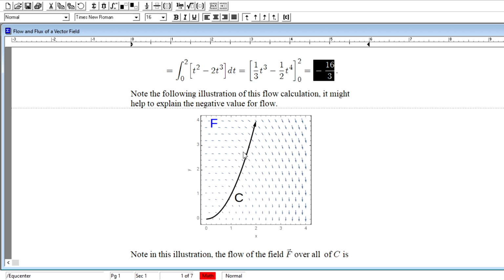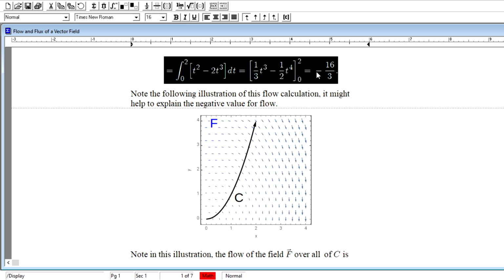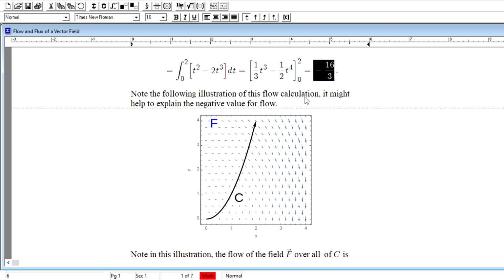And how much it would work against is it would contribute negative 16/3 of the work done to move that object forward, meaning that it's actually causing us to have to contribute 16/3 more units of work, or more Newton meters of work, to move this object forward than if we were to move this object without the force field affecting the motion. All right? Now, this cannot be interpreted, though, in terms of circulation, because this is not a loop, folks.